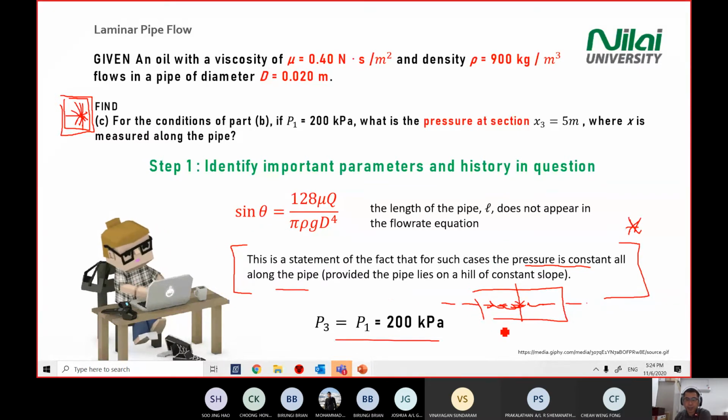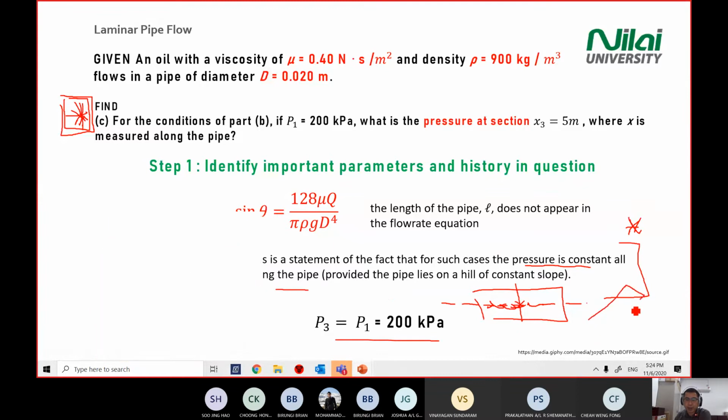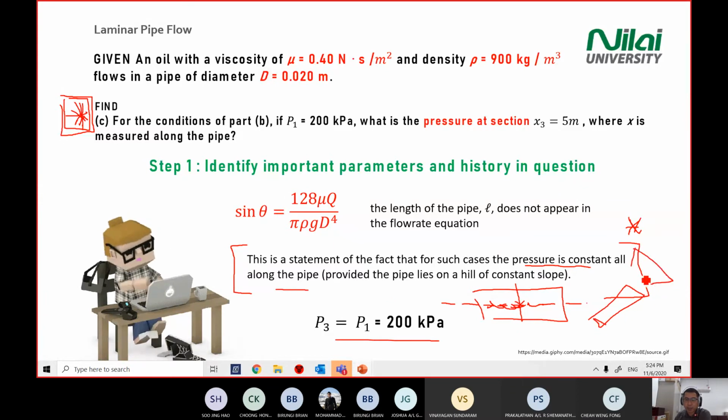No matter if it's a horizontal pipe, an uphill pipe or a downhill pipe, the pressure inside will be the same. Again, this is a trick question, or just a bonus mark if you understand what it is trying to ask you. Okay.